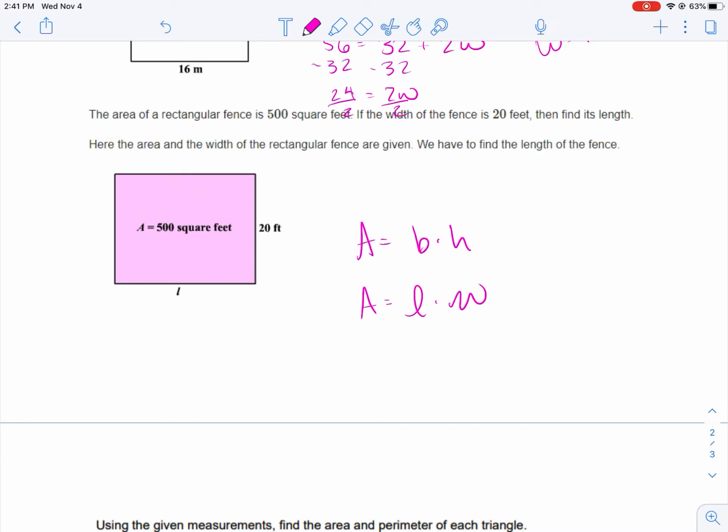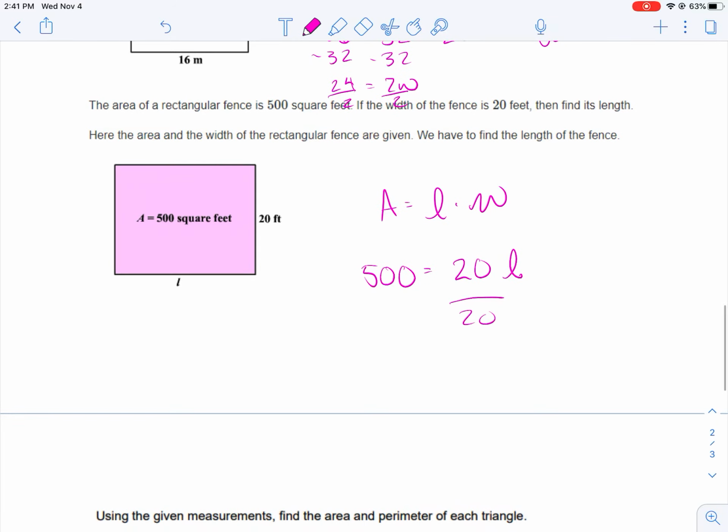In this case we're doing length times width. We know our area, which is 500. We know our width, which is 20, but we don't know our length. So in order to find it, I divide both sides by 20.